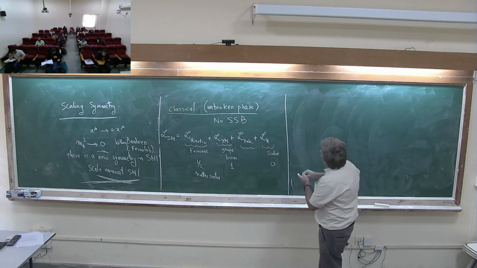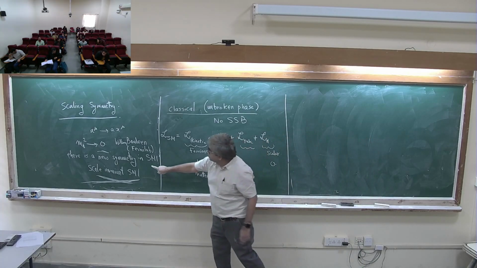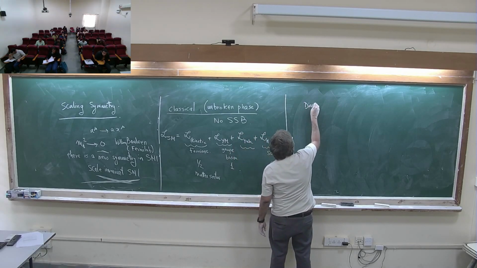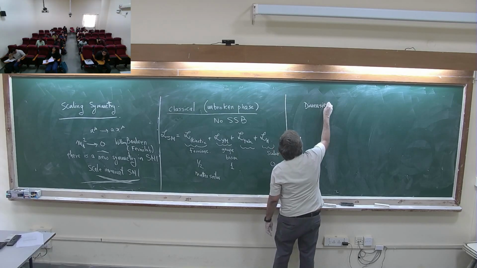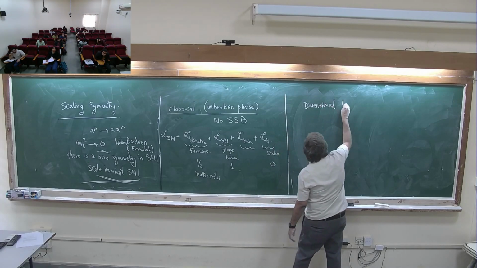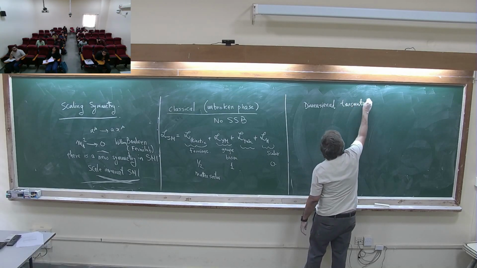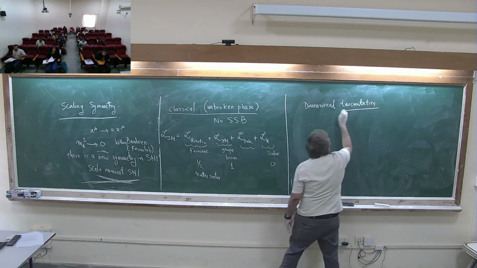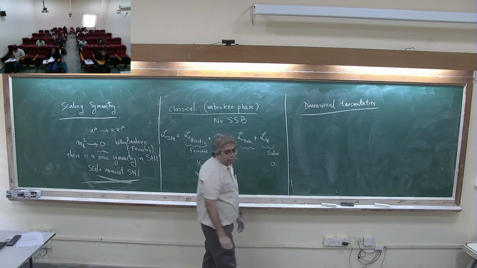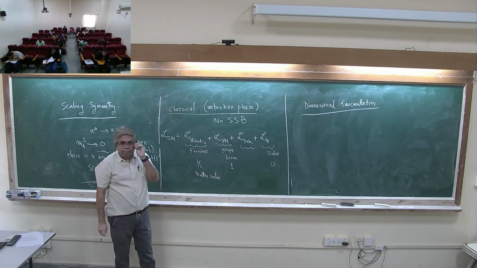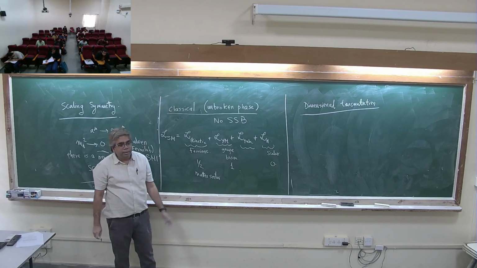So two things in the theory: one is scaling invariance, the other is something called dimensional transmutation, in which a mass scale is generated by radiative corrections.